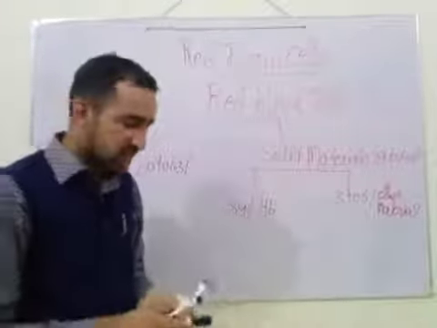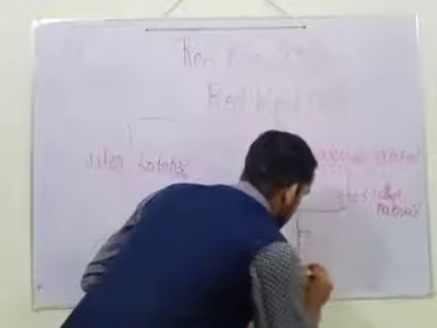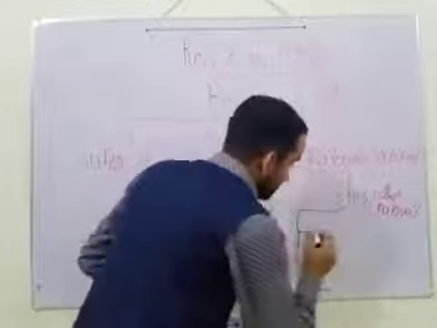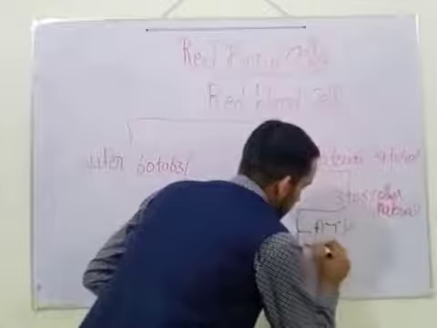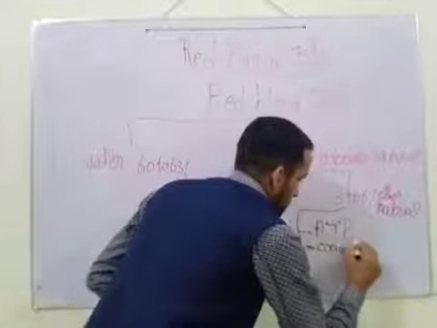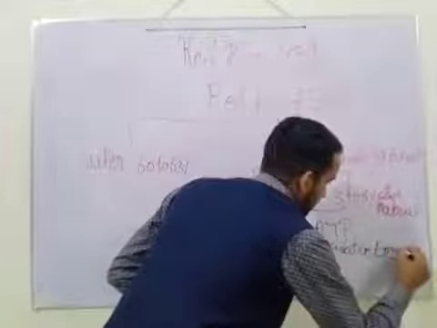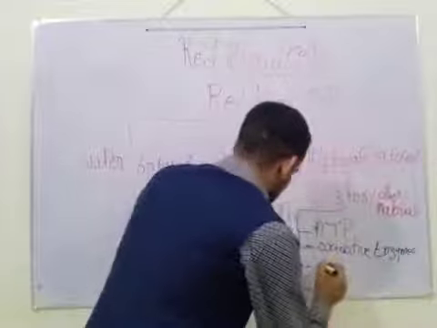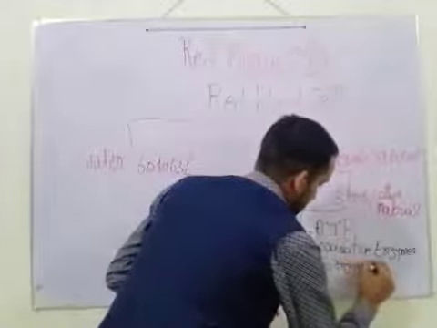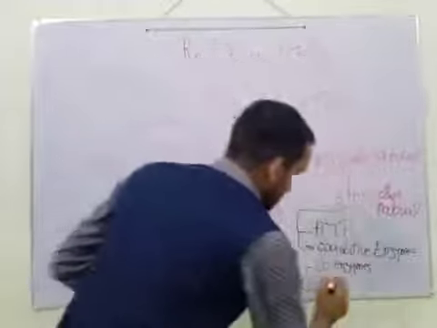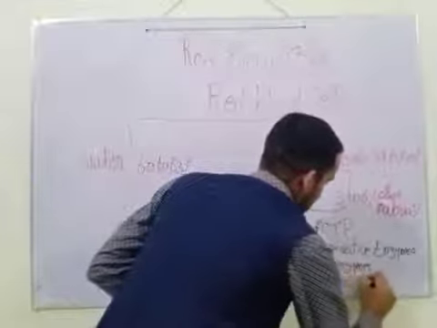What are these other materials? These other materials are, first, ATP, some oxidative enzymes, some coenzymes, and some glycoprotein.